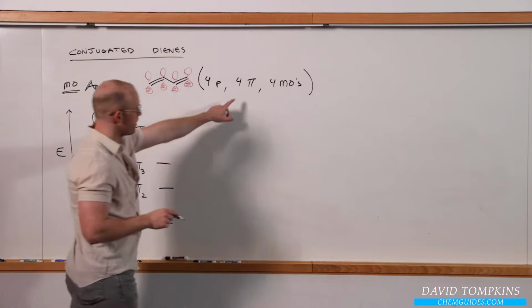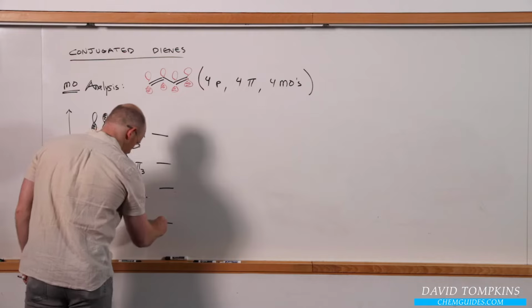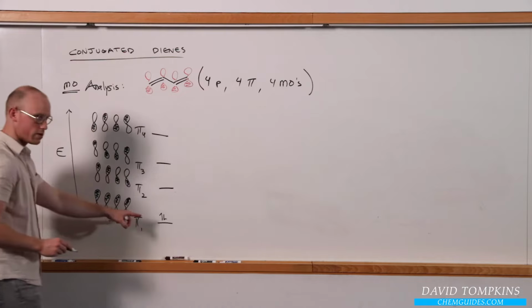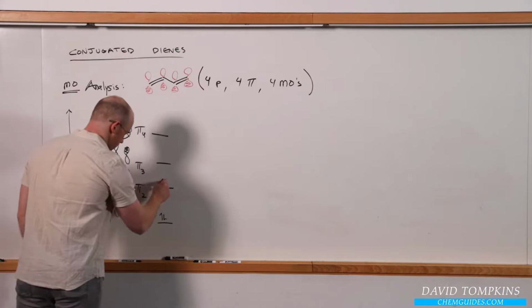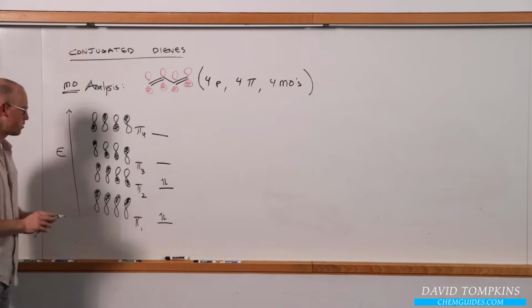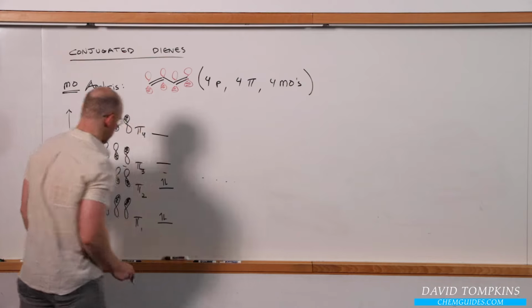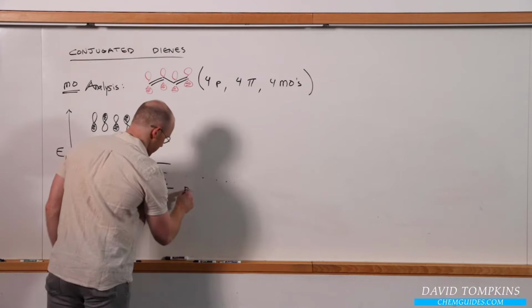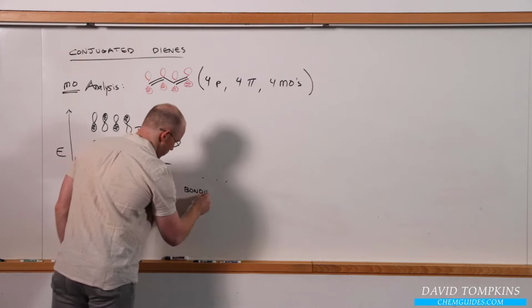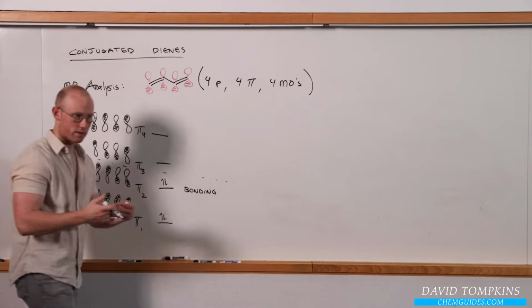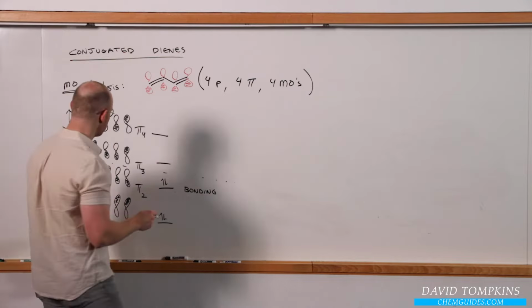So because there are 4 pi electrons here, we put 2 in the lowest energy molecular orbital and 2 in the next lowest. And you can divide these in half to think about those that are bonding. Those are below this dotted line, where they lead to stabilizing interactions between the nuclei.